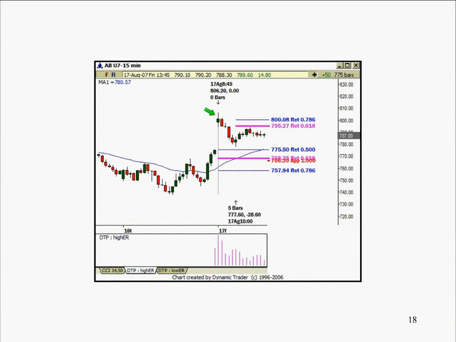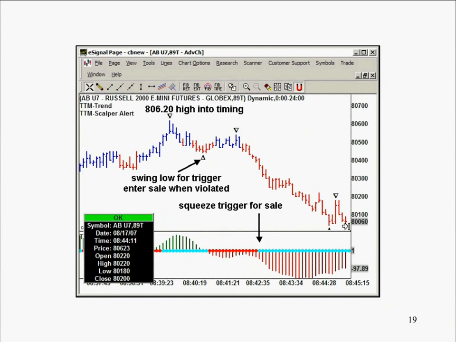Okay, here the high was made at 806.20. That was on the Russell. So here's where the high was made. This is a trigger chart. This is an 89 tick chart in the Russell. So as soon as this swing low was violated, that was a sale.